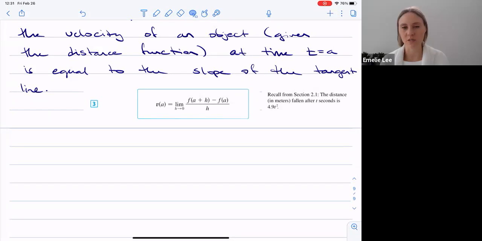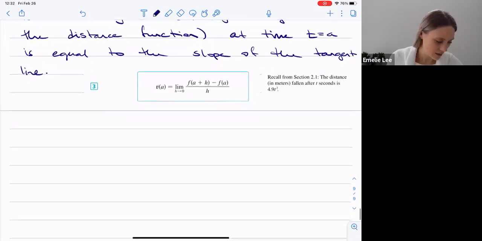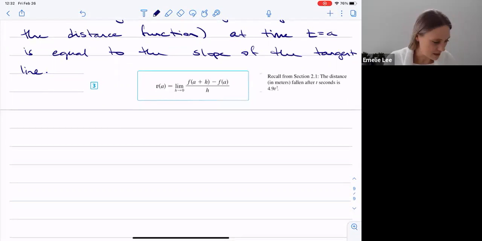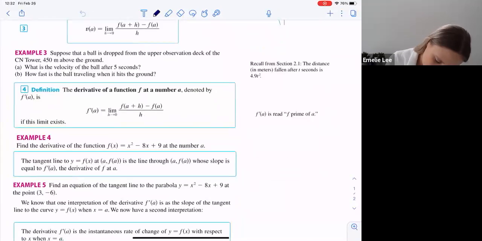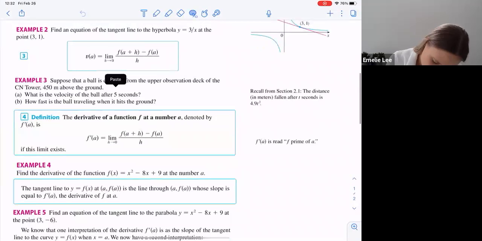So that would be our distance function. And then when we take the derivative of that eventually, right, we'll have the velocity. So let's see here. We've got a problem to do. This one.